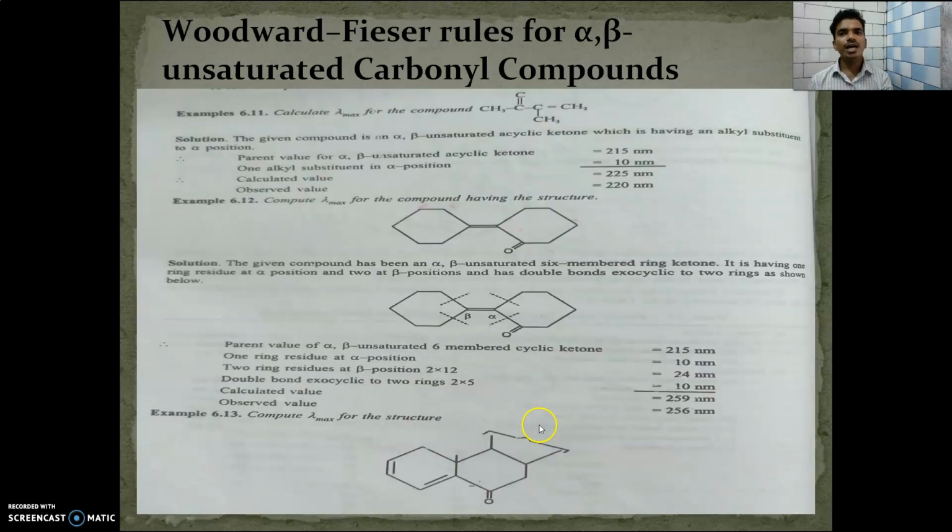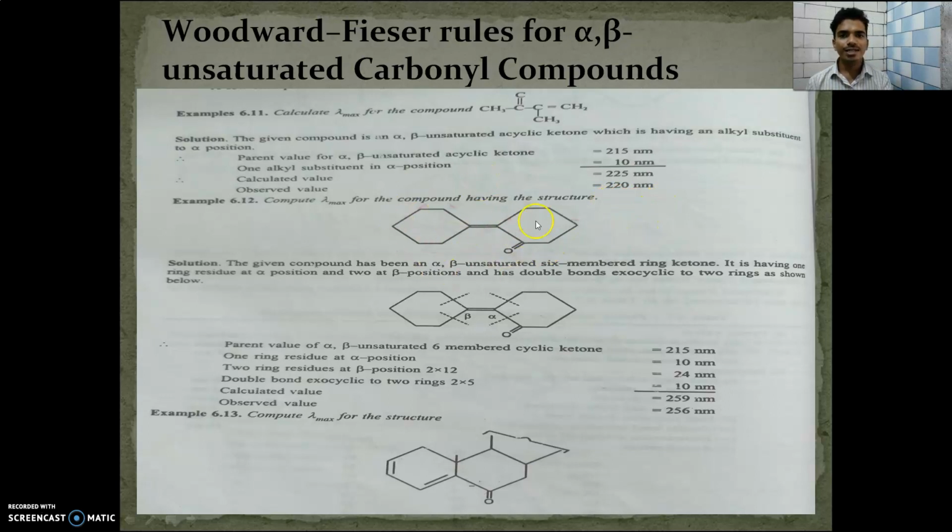These values are used for calculating theoretically the lambda max for alpha beta unsaturated carbonyl compounds according to the Woodward-Fieser rule. An example is this compound containing specific groups, an alpha beta unsaturated cyclic ketone with a value of 215, alkyl substitution at the alpha position 10 nanometers, giving a calculated value of 225 nanometers and an observed value of 220 nanometers.